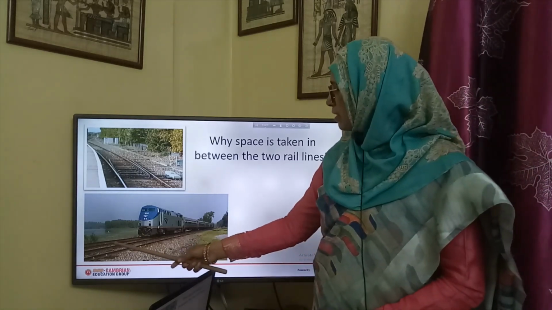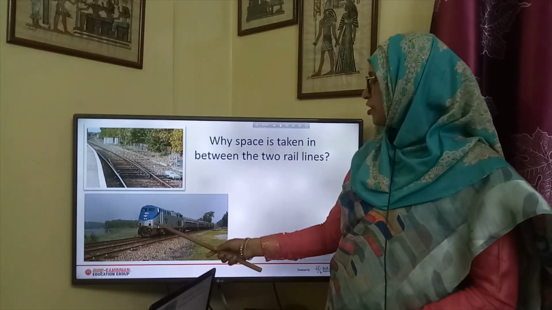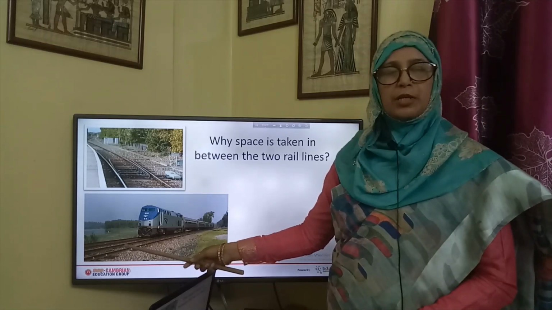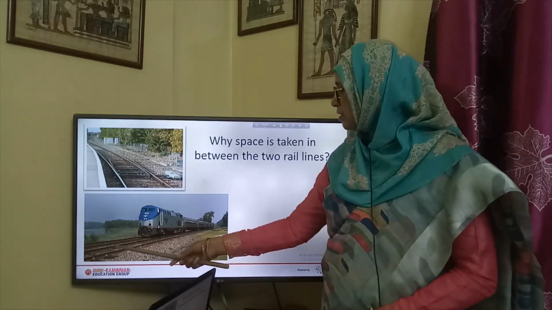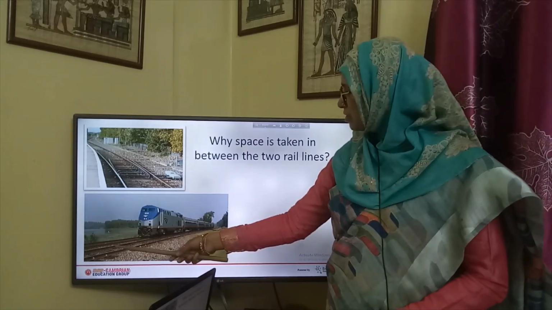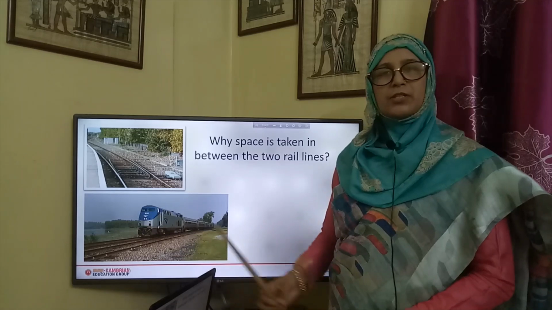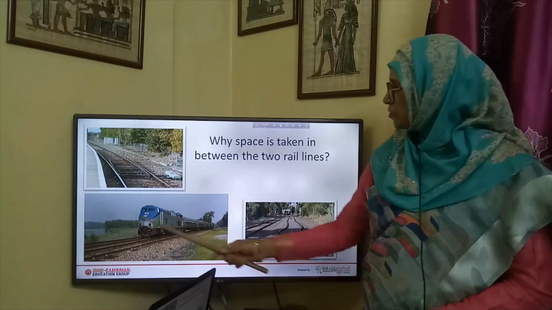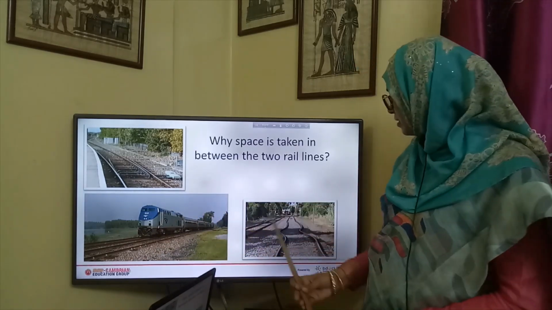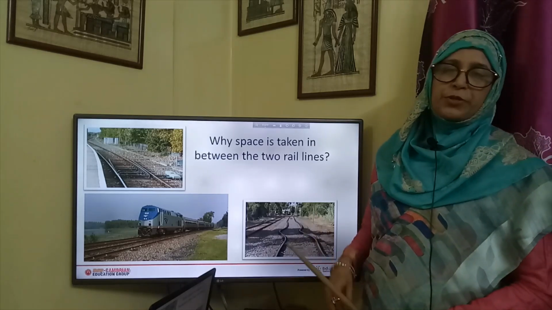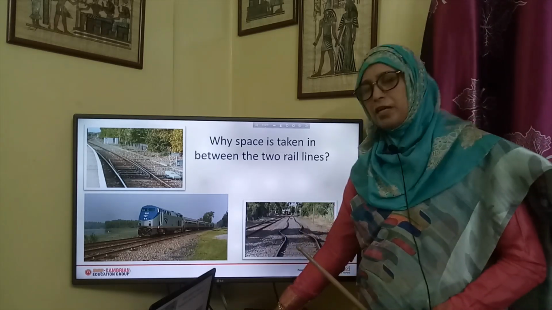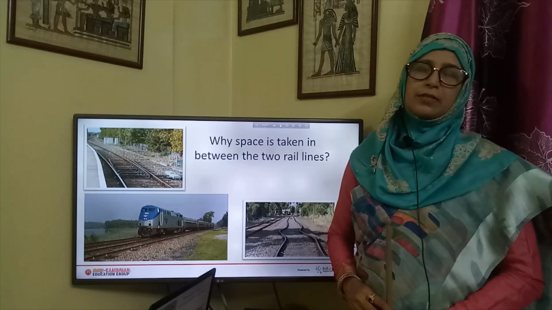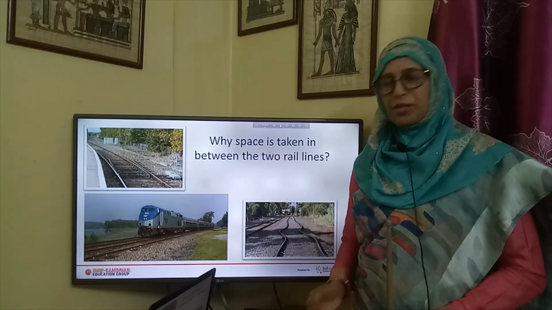Because these railway lines are made of iron, and when the trains move over them, due to the friction of the wheels and the railway lines there is heat, and the rails will expand. If space is not left between the two railway lines, then the line will be twisted due to the application of heat, and an accident can occur at any time. That's why space is left between the two railway lines. Dear student, this question is very important for you.